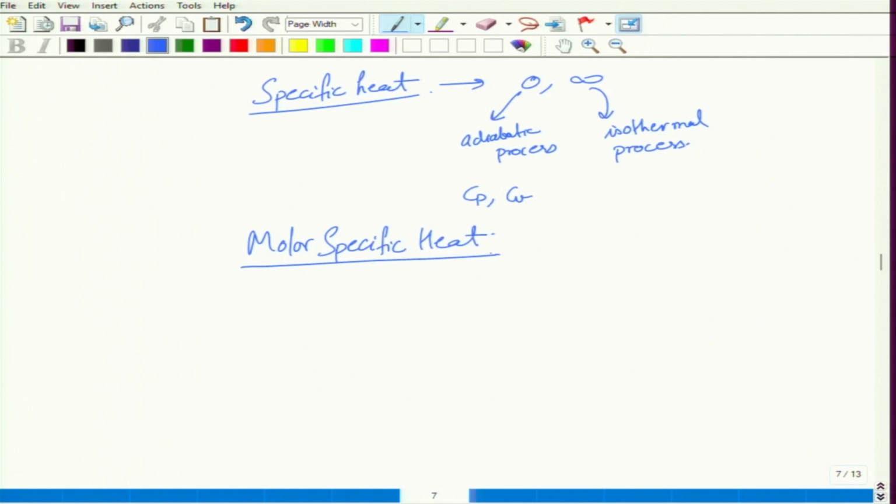In the case of molar specific heat, we know the unit of specific heat that we have discussed is joule per gram per degree centigrade.